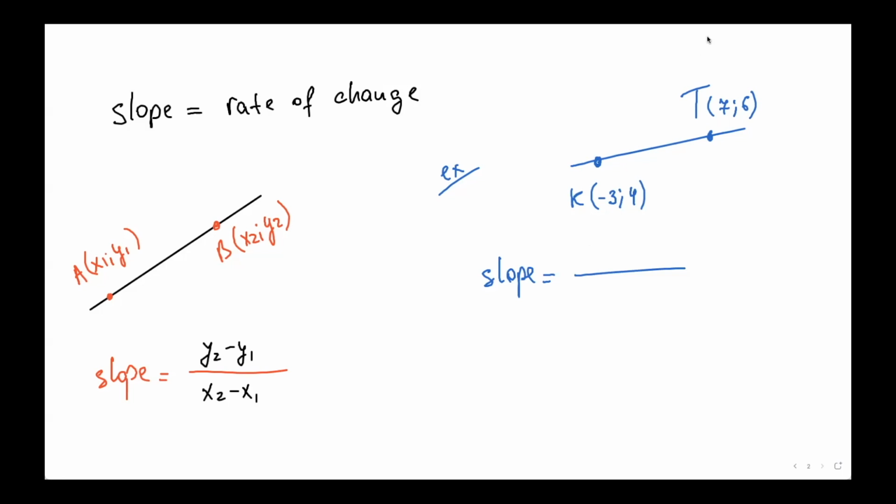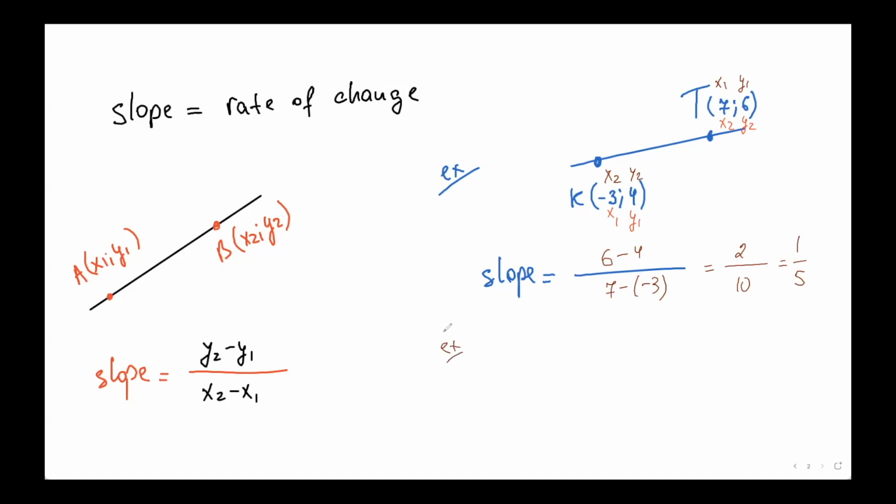You can name this x1, y1, and x2, y2, or vice versa. Doesn't matter which one you use, you will get the same result. So y2 minus y1 divided by x2 minus x1 is equal to 2 divided by 10. So the result is 1/5. The slope of this line is 1/5.